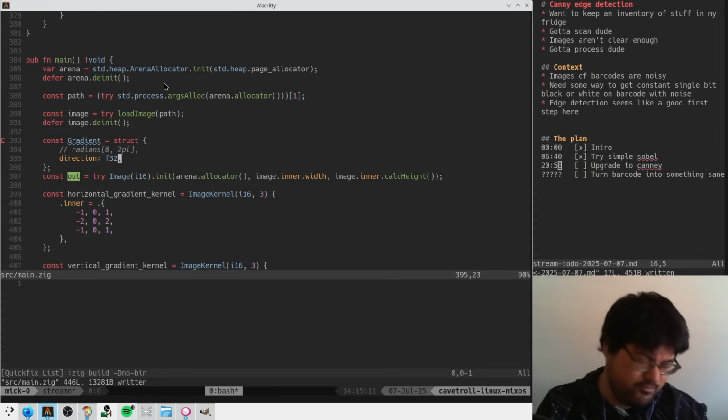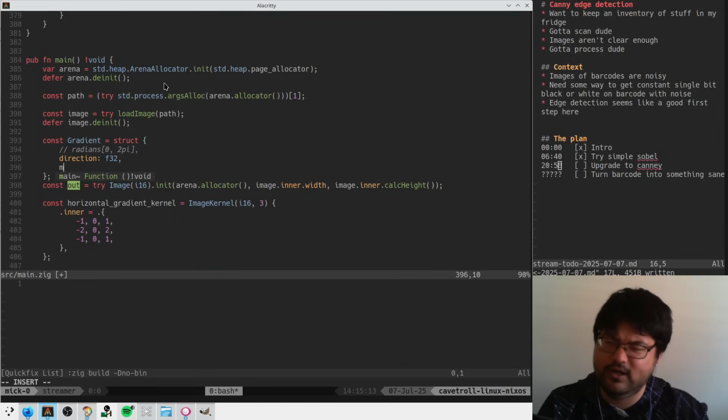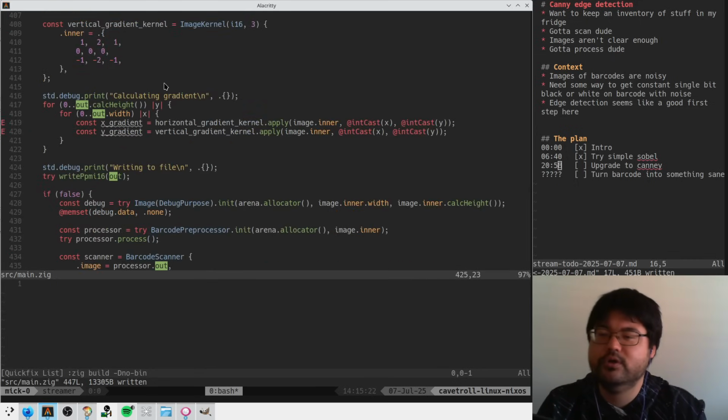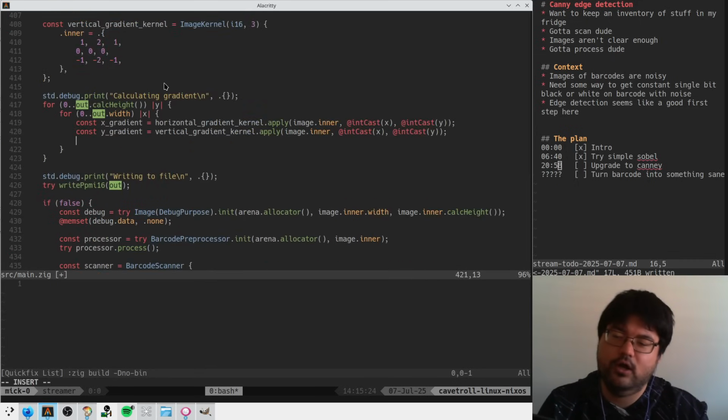Maybe negative pi to pi, not really sure. And magnitude is I16. Sure. So here, mag is x times x plus y times y, square rooted.